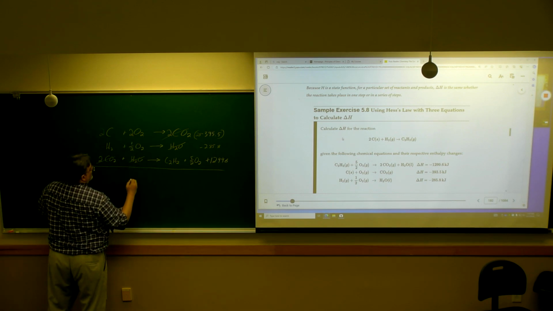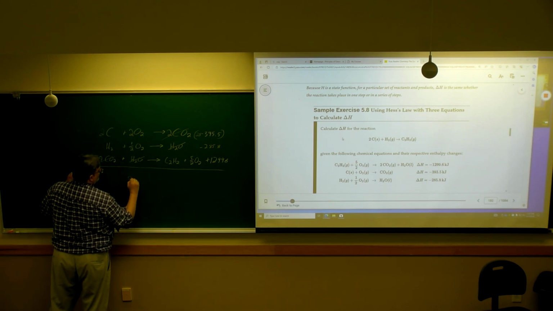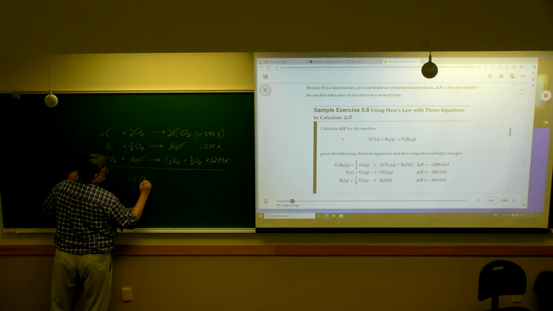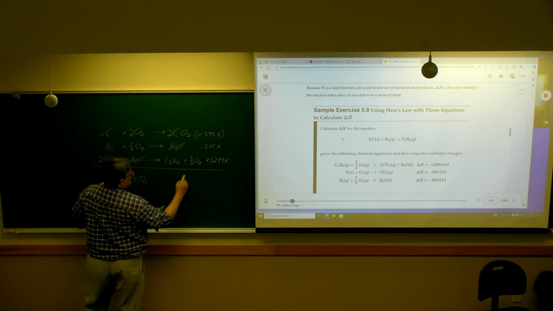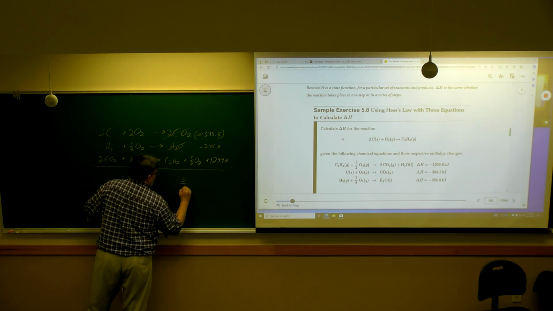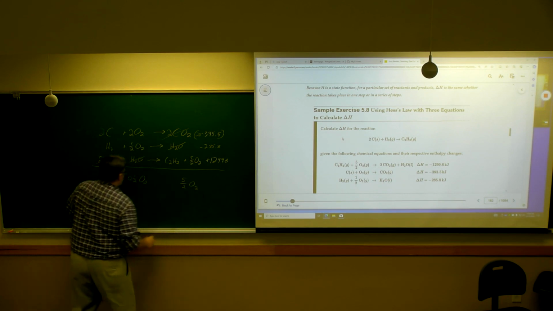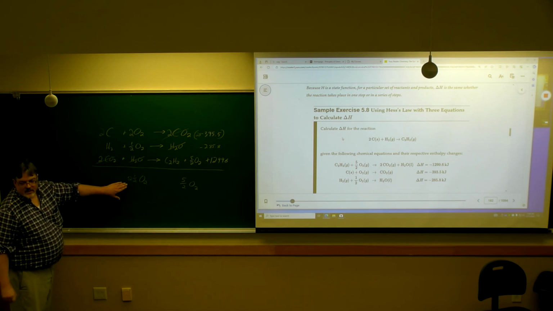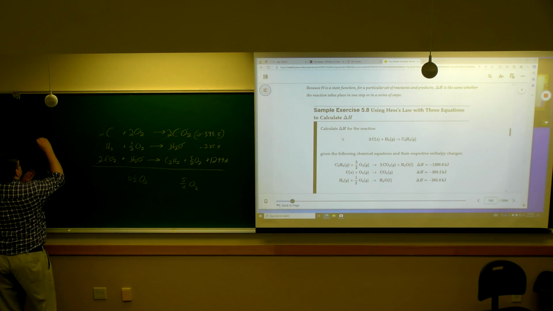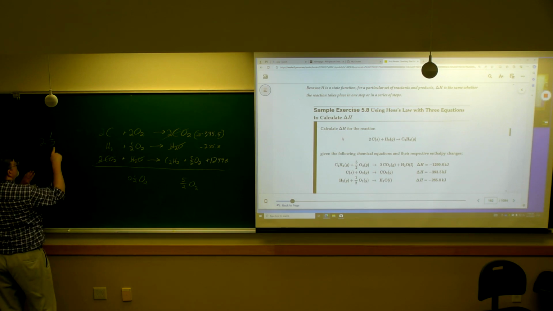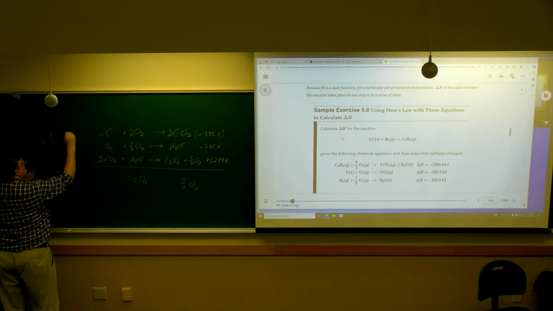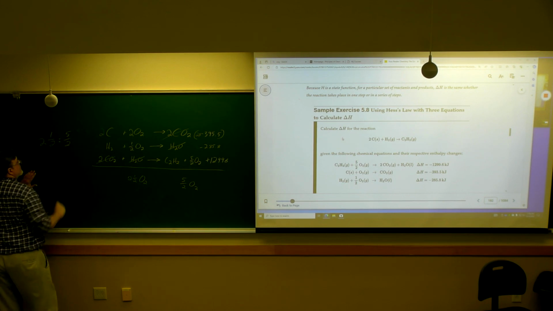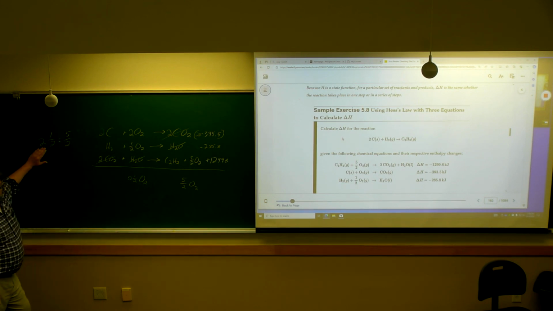If I add these up, 2 1/2 O2, and over here I have 5/2 O2. But that's what this is anyway, if you know your fractions. 2 times 2 plus 1 is 5. So you have to remember your improper fractions.